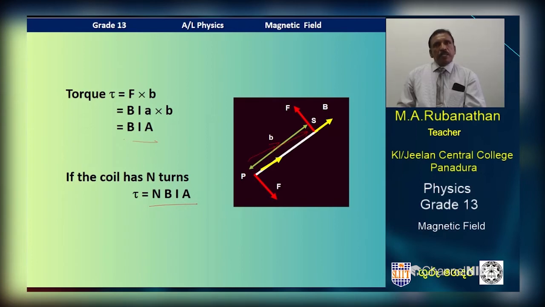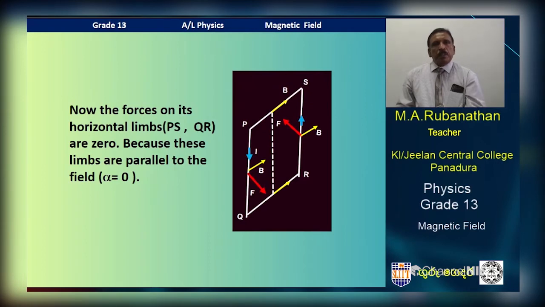So this is the result we get from the initial state. Earlier we deduced NBIA from the previous proof. Here we initially get this result when the coil is parallel to the magnetic field. So now, what is the force on its horizontal limbs PS and QR?